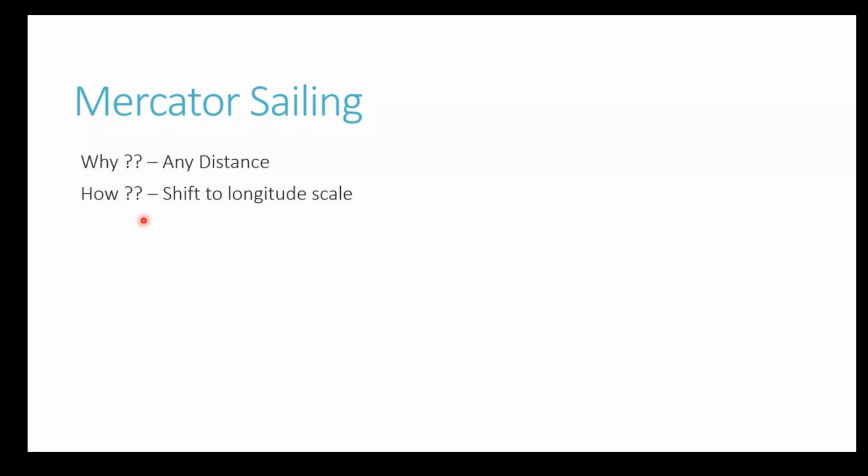Now the second question is, how do we solve the question using Mercator sailing? To understand it very simply, whenever we use trigonometry, solving a right angle triangle, we have to have the three sides of the triangle measured in the same units.